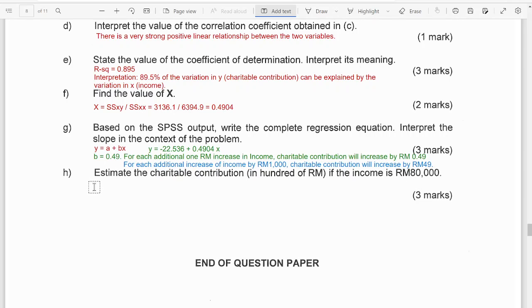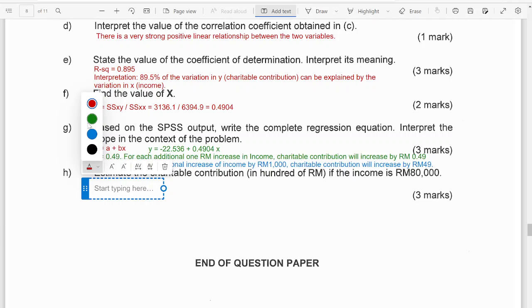So whenever you want to substitute the value of X in the equation, you need to really understand the actual value of X that you want to substitute in the formula. So here X is the income given by 80,000, but actually the value of X is equal to not 80,000 but only 80, because this is similar to RM 1000, right?